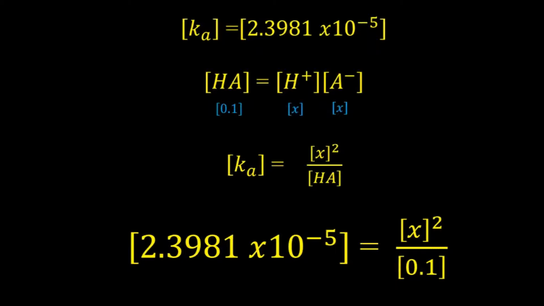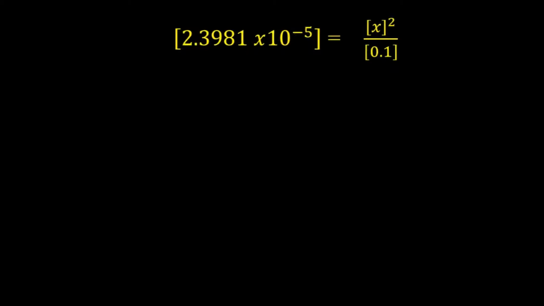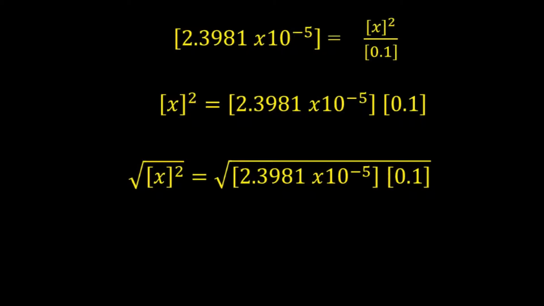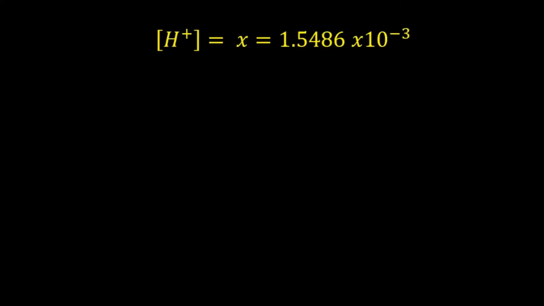So now we're going to plug into the expression and grind it out, and you're just simply going to cross multiply and then take the square root of both sides, and the answer is 1.5486 times 10 to the negative 3, and that's the H ion concentration. Remember, we were solving for X.